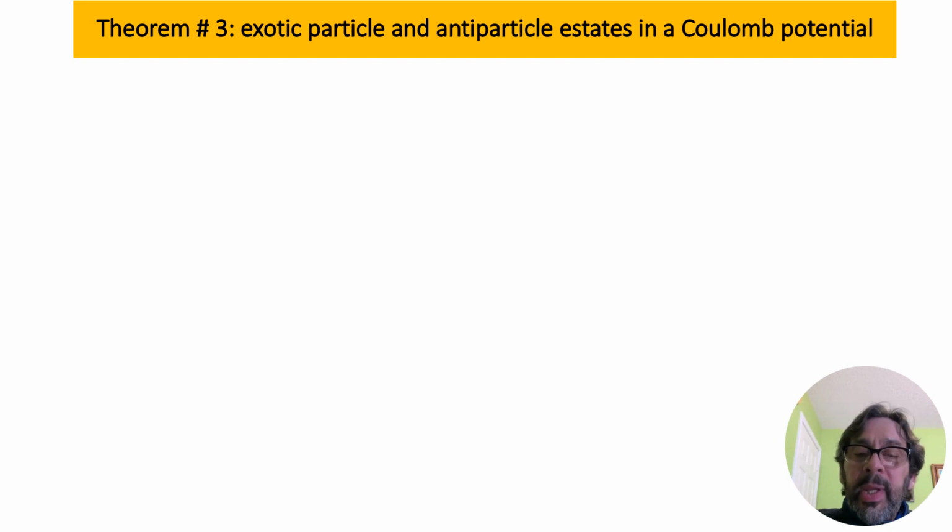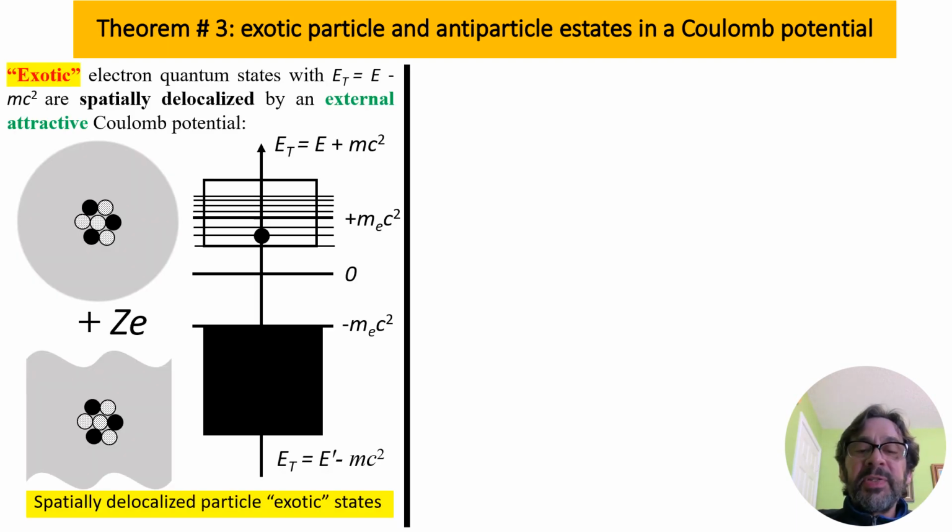Now we can see how to use theorem 3 to find the exotic particle and antiparticle states in a Coulomb potential. First, we will see that the exotic electron quantum states with total energy E minus mc2 are spatially delocalized by the external attractive Coulomb potential. This is shown here below. The exotic states of the electron in the hydrogen-like atom are spatially delocalized.